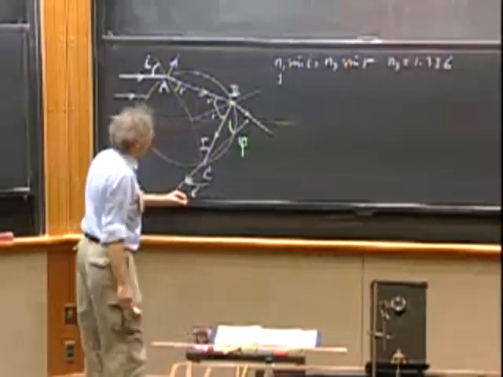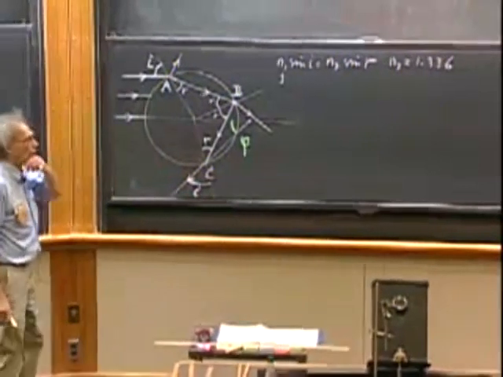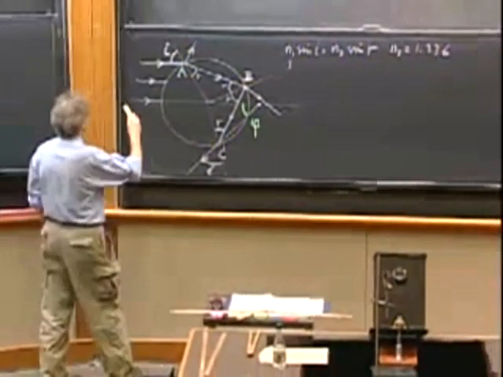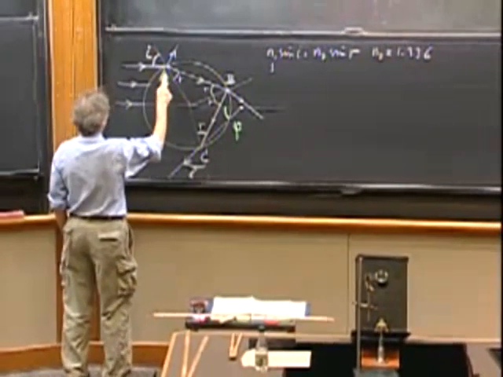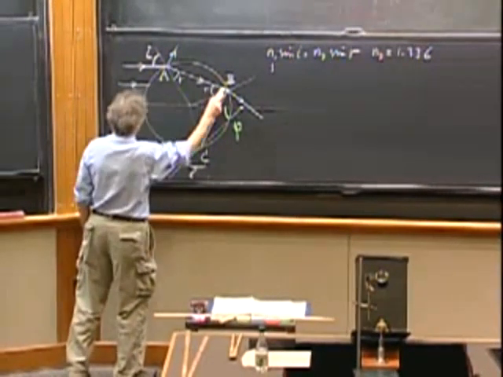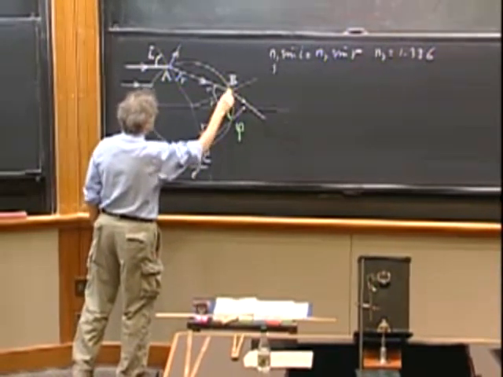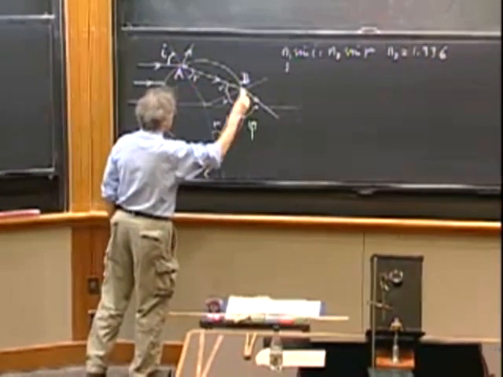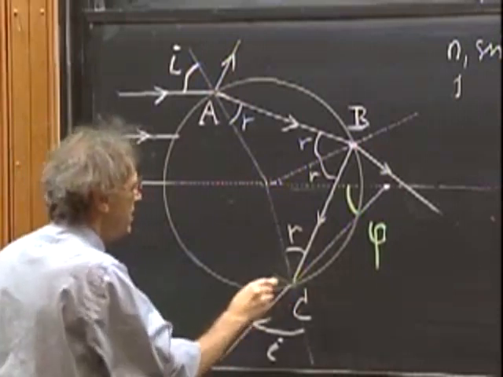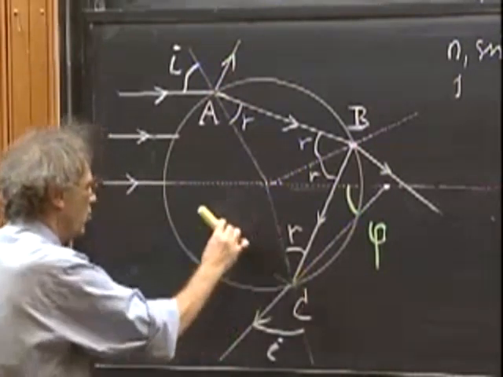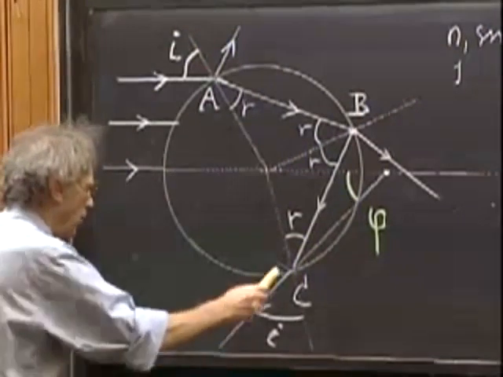I asked you in problem 10.4 to concentrate on the following trajectory. Light strikes the water. Some of it is reflected at A. I'm not interested in that. I want to know what goes into the water. At B, some of it comes out. I'm not interested in that. I want to know how much is reflected. And then at C, some of it is reflected into the water drop. I'm not interested in that.